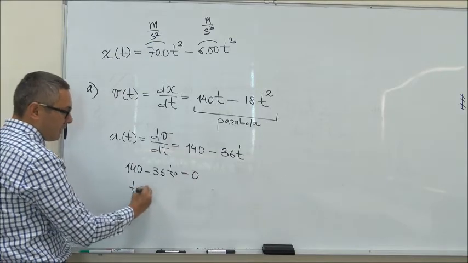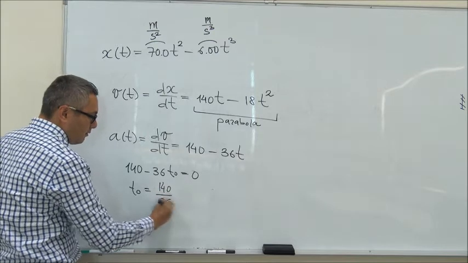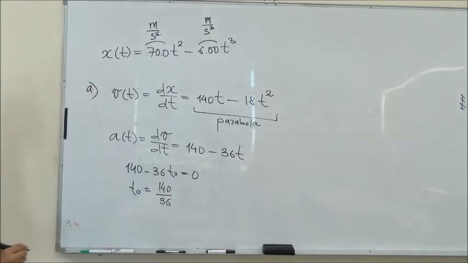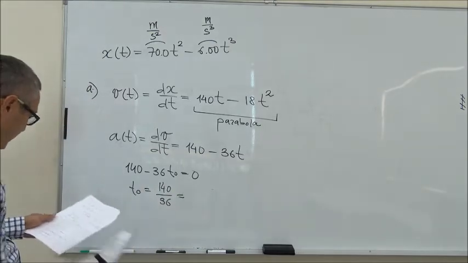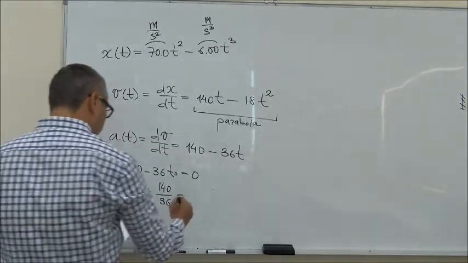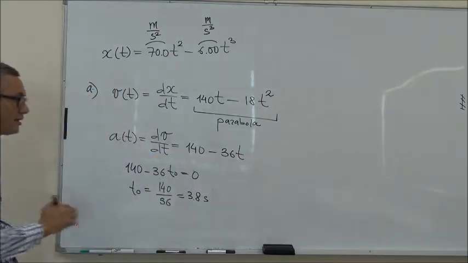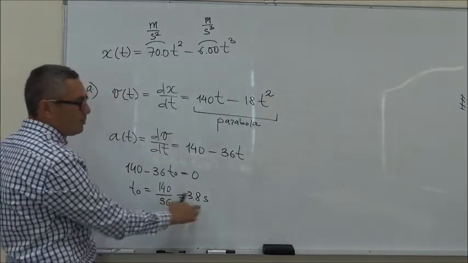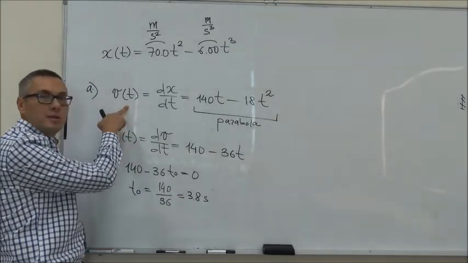So this t0 becomes equal to 140 over 36. If you calculate this, it gives you 3.8 seconds. So at time t equals 3.8 seconds, velocity either has a maximum or a minimum.